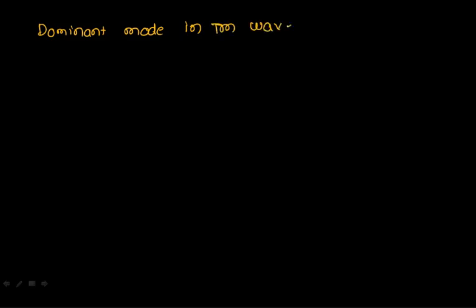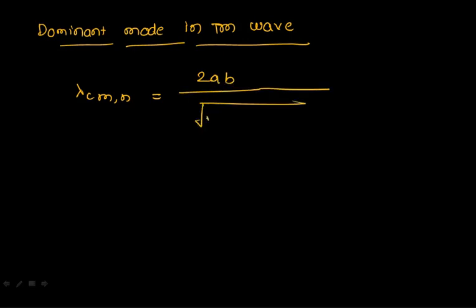So if I'm talking about the TM wave and the cutoff wavelength, which we have already talked about, lambda cmn is nothing but twice AB divided by root of M square B square plus N square A square. So we know that for the TM wave, no modes exist before that one mode. So for TM wave, I can say TM00, TM01, TM10 do not exist.